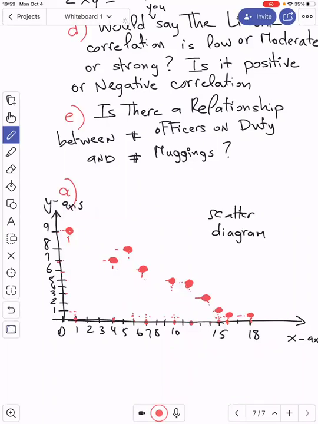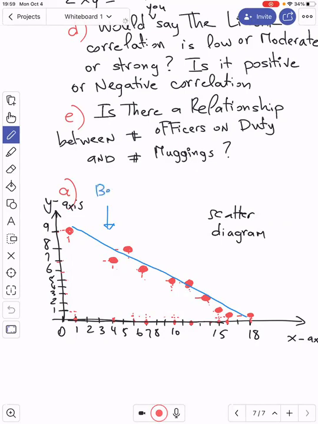Okay. Now, guys, if you try to draw the line which comes closest to each point, then it would be, for example, let's say this line right here. So this is the kind of best line which comes closest to each point, right?